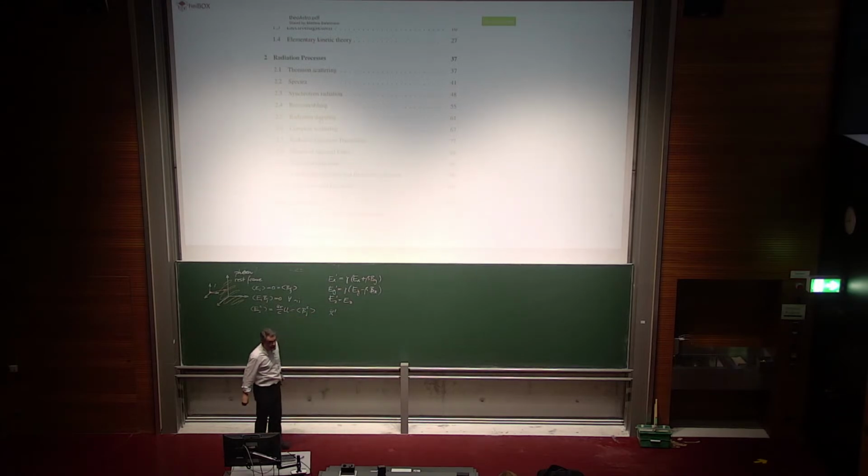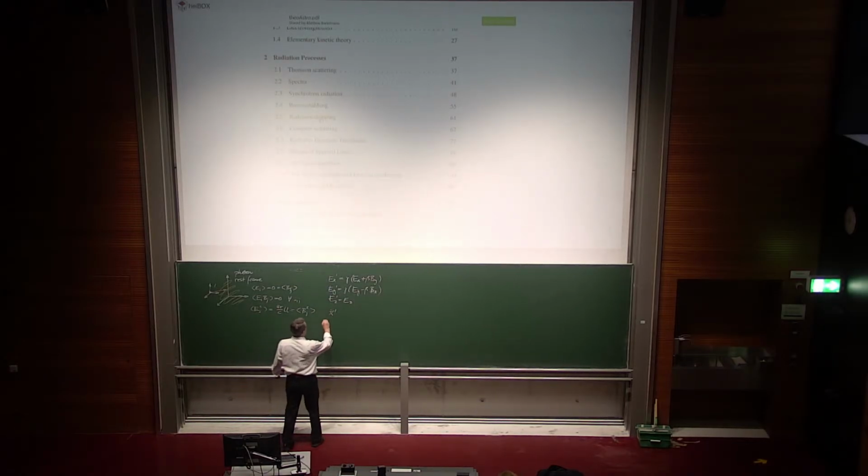So the acceleration of the electron in its own rest frame, I can now, of course, calculate with a non-relativistic Larmor formula. Right? Because now I have electrons at rest.